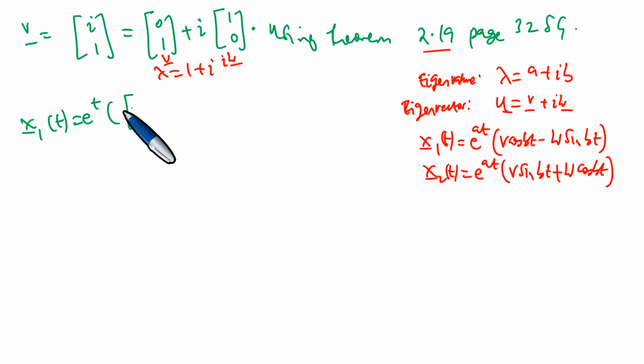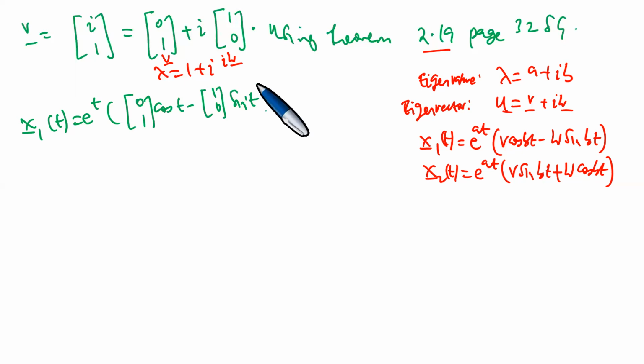So this is 0, 1, so you have cosine t, 1, 0. You put a minus there, then it becomes sine t.